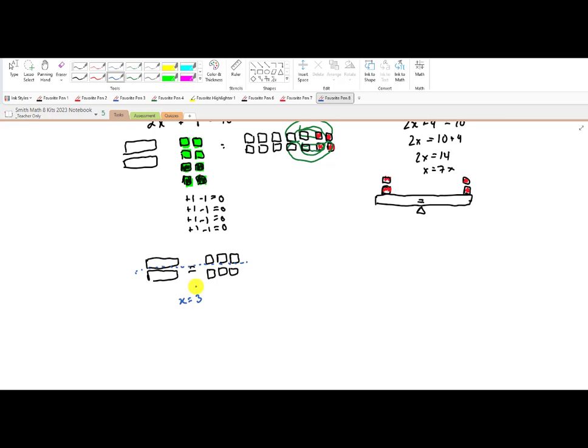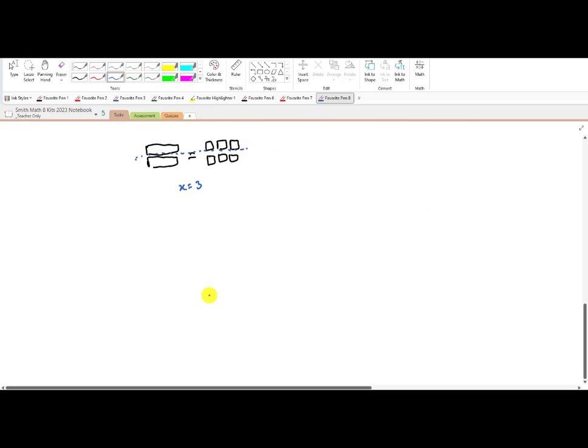Okay, so let's do another one, and I'll just sequence and model solving an equation without any diversions. So let's try 4x minus 6 equals, let's say 2. So first of all, I'm going to draw all these things.